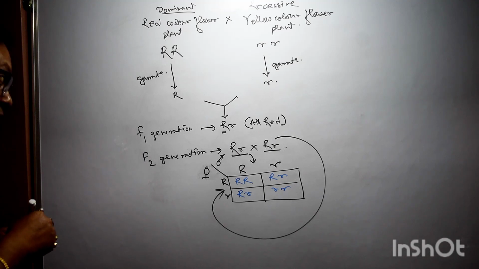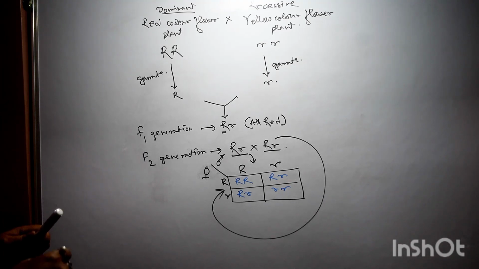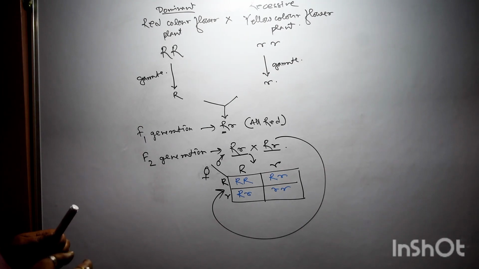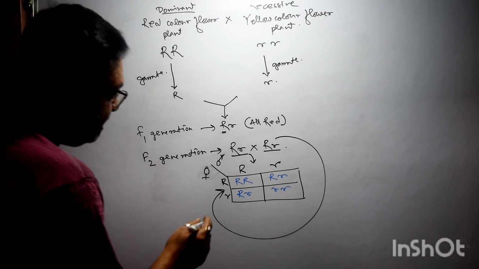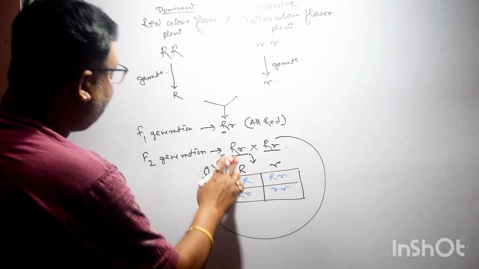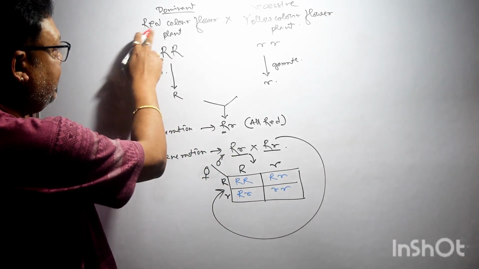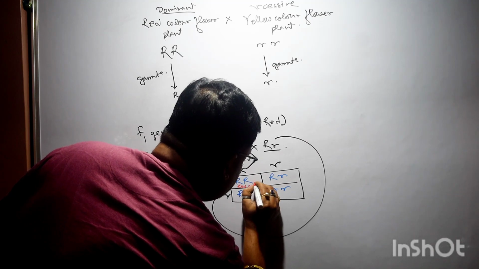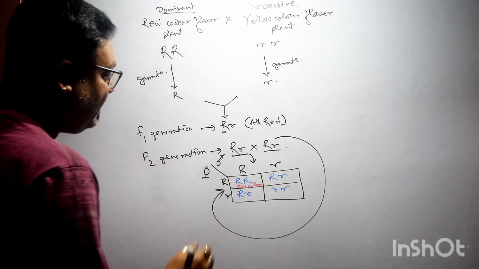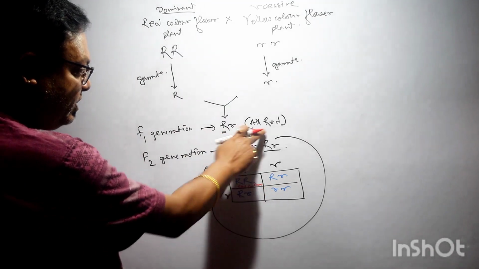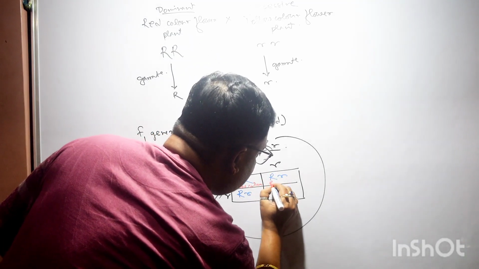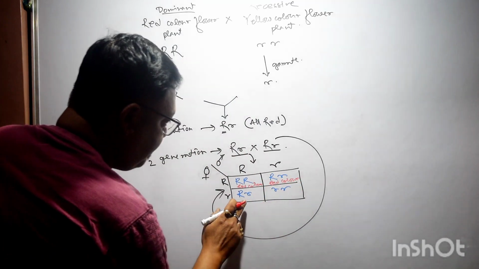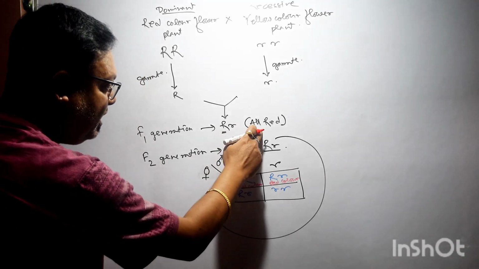See, there is no need to mug up this, everything is mathematical in this chapter. This capital R we already know represents red color. Again capital R small r, as in F1 generation, red color. Capital R small r, red color.